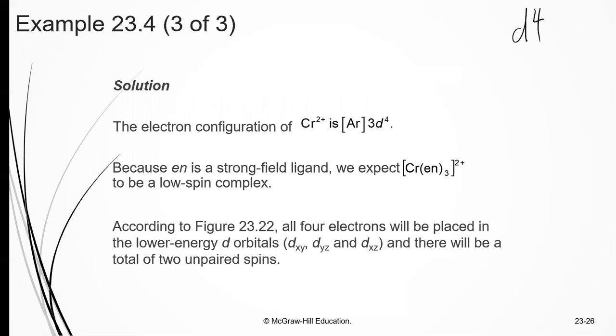En is a strong field ligand. We also know that we're going to be an octahedral because en can connect twice, and there's 3 of them, so that's giving us a coordination number of 6.